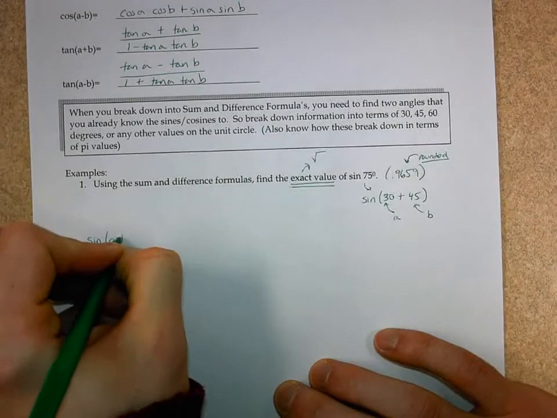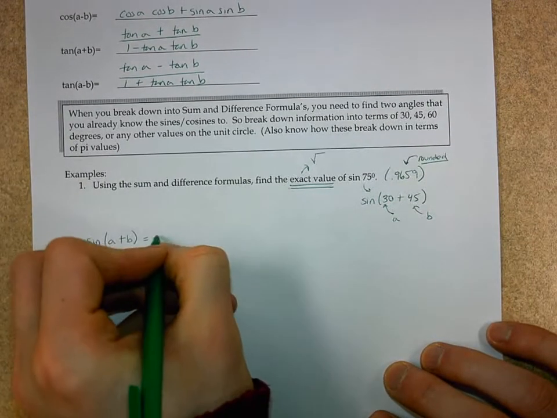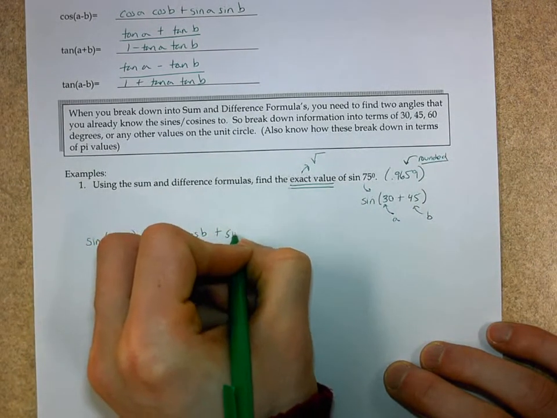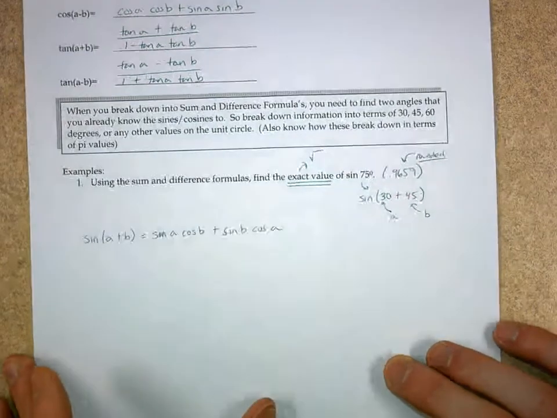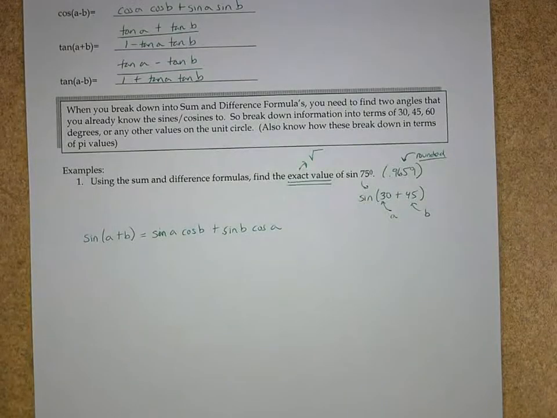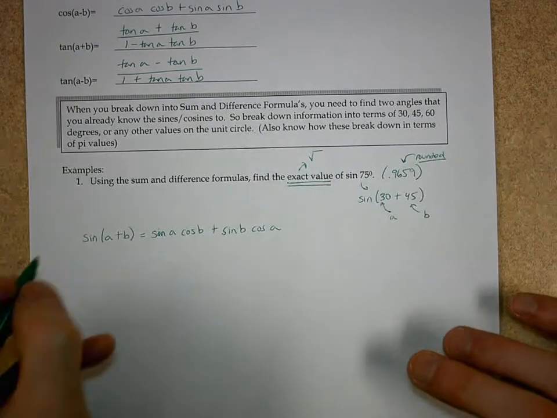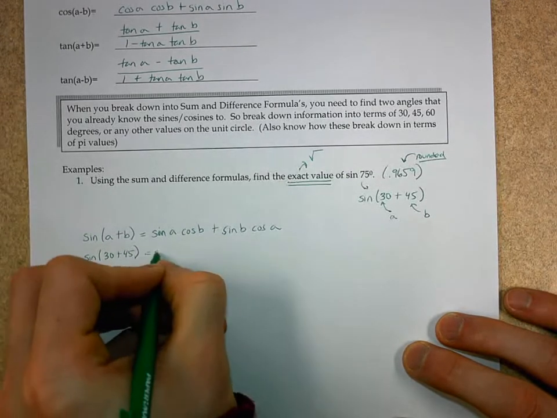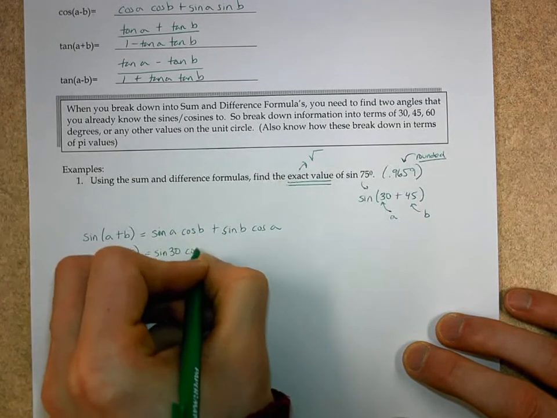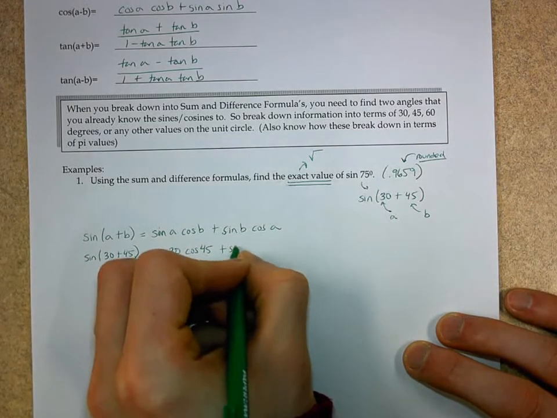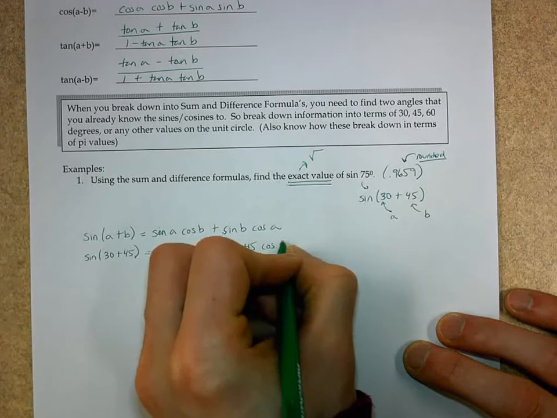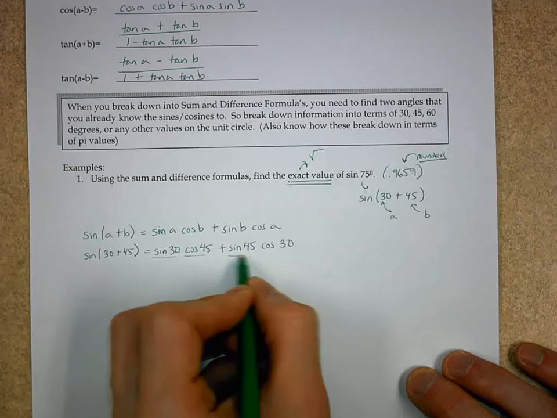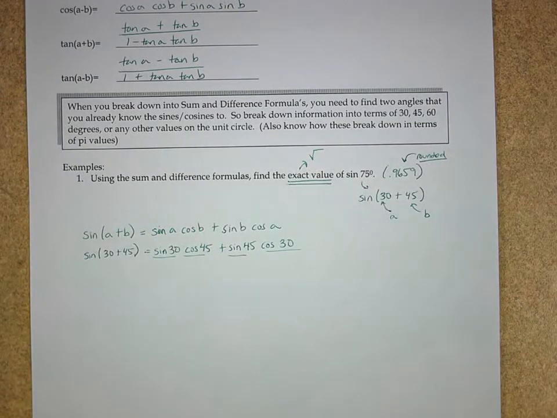So what I'm dealing with, the sine of A plus B, and my formula is the sine of A cosine of B plus the sine of B cosine of A. And since I know A is 30 and B is 45, I'm going to substitute in. So the sine of 30 plus 45 is the sine of 30 cosine of 45 plus sine of 45 cosine of 30. And each of these values individually are on the unit circle.